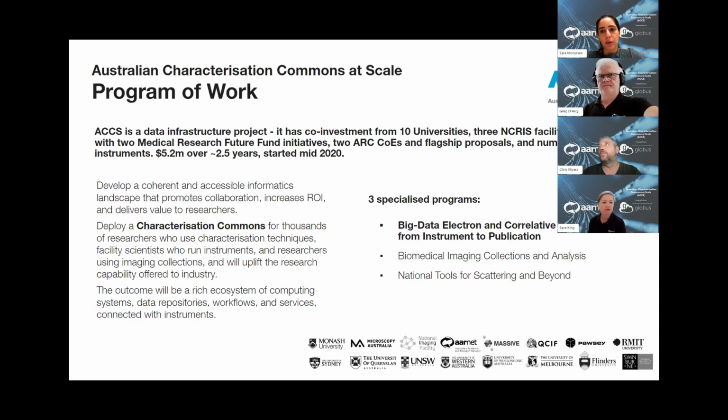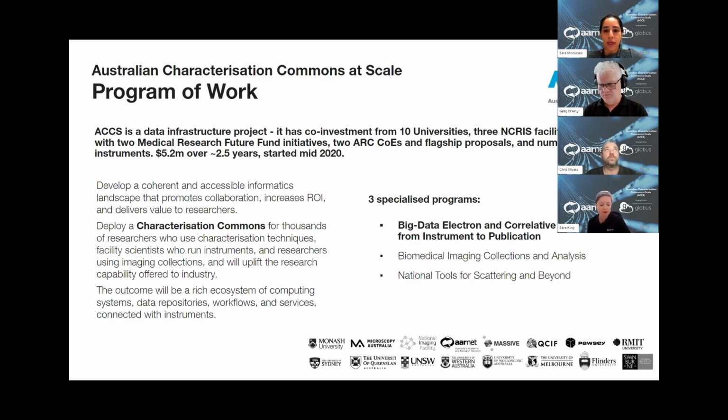ACCS develops a coherent and accessible informatics landscape that promotes collaboration, increases ROI, and delivers value to researchers. The concrete aspect of what we are delivering is what we call characterization commons, which is really an ecosystem.